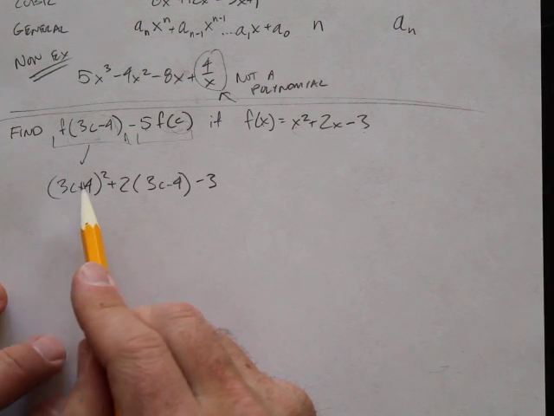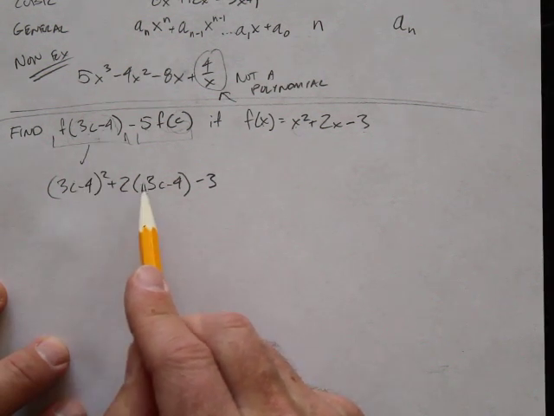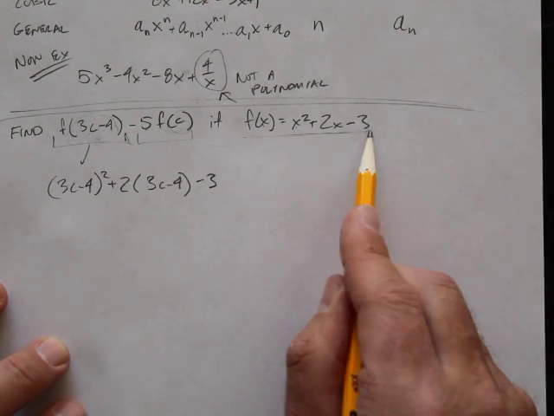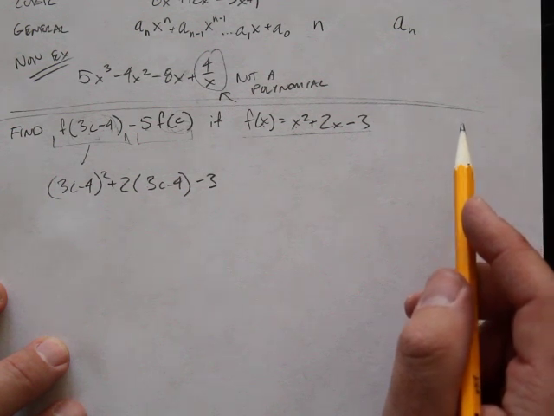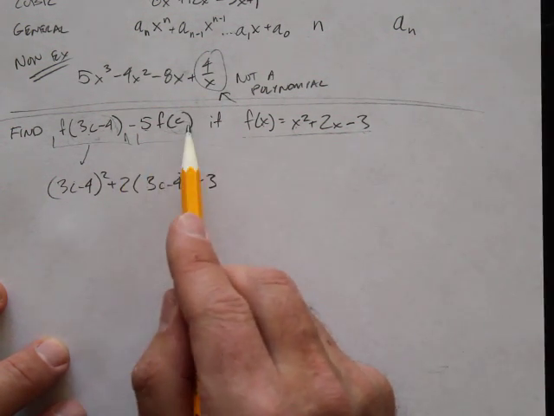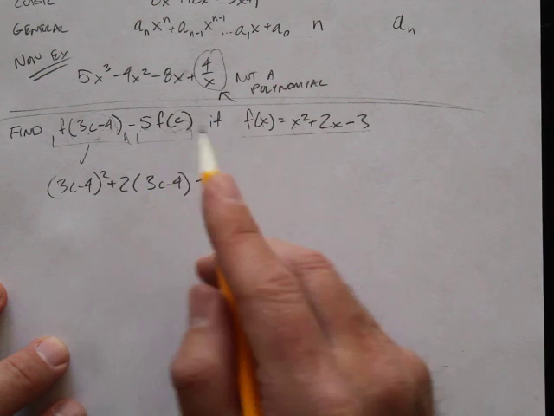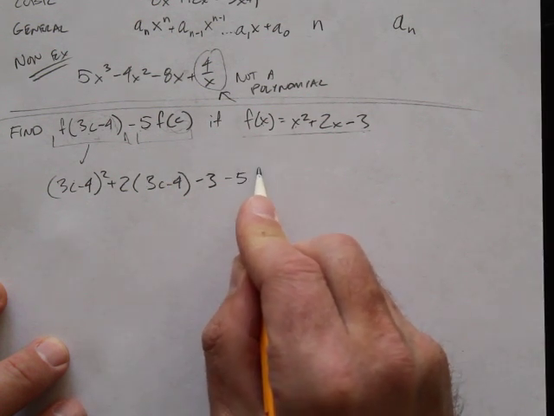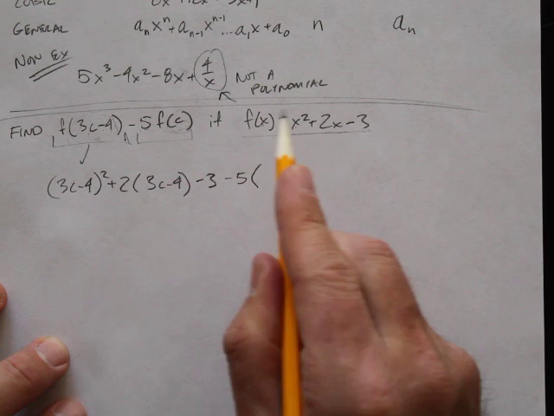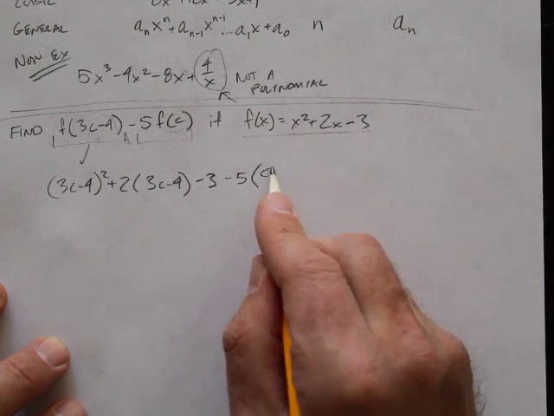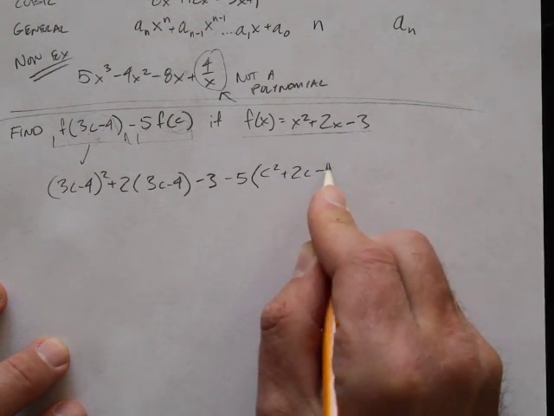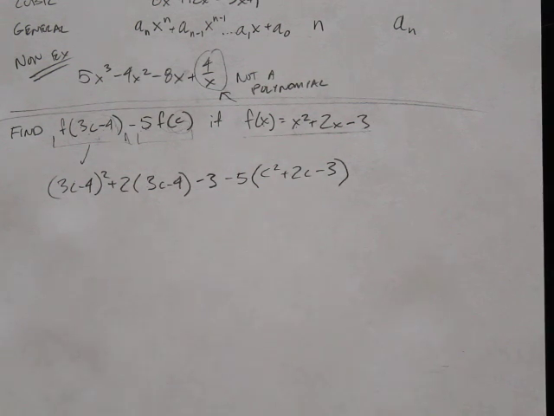So I've just plugged in this value for x in this function. Now I need to take care of this mess. So I have minus 5 times, I just plug c in for these x values, c squared plus 2c minus 3. And that's all there is to it.